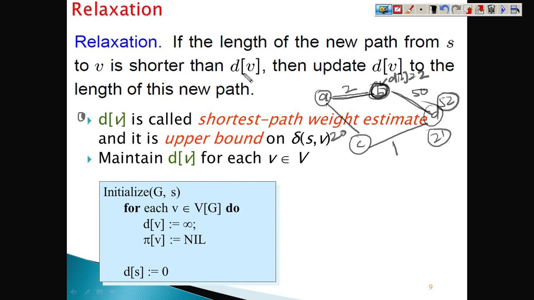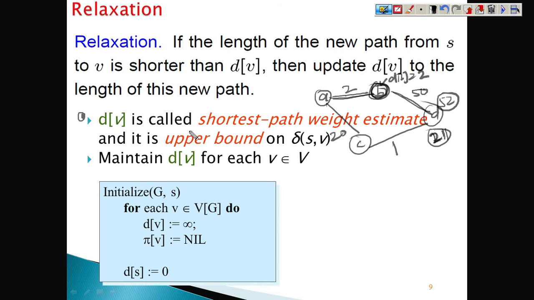So with d of V, we keep improving the value. Initially we set the d of V value of D as 52, but at a later stage you are going to update this to 21. That means to reach D from A, the best path costs 21. So this is how relaxation works.